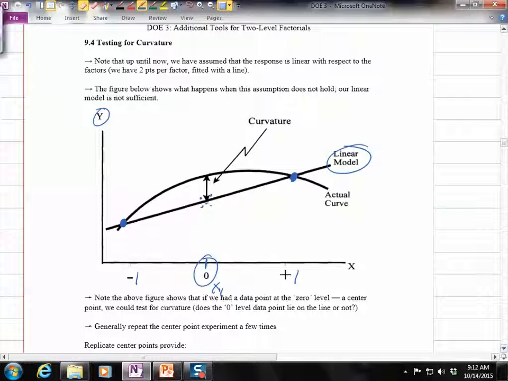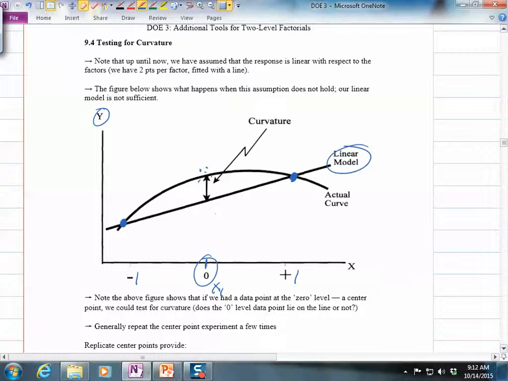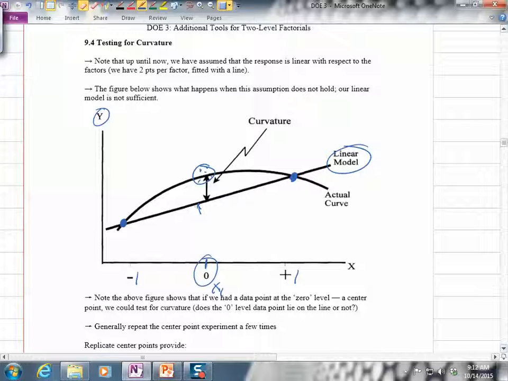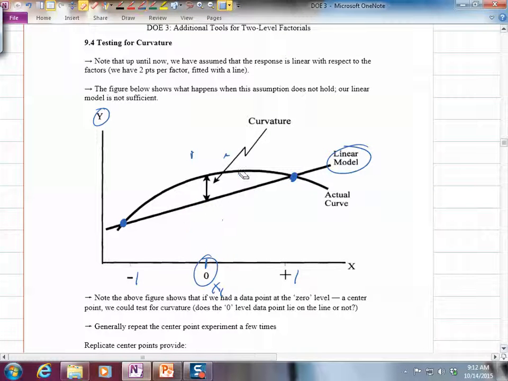If we get data points out here, then we'd say, ooh, that doesn't seem to be right if this linear model is okay. That seems to argue that there's curvature. If I get data points and it's like this, we're probably not going to know, right? So we have to compare our signal to our noise. The last one had a lot of noise.